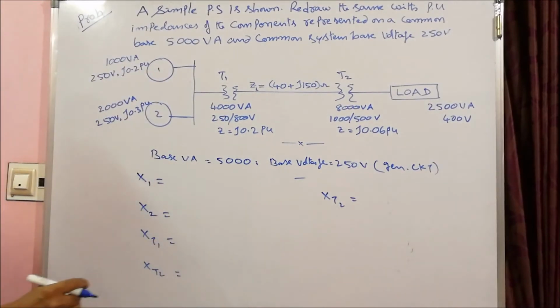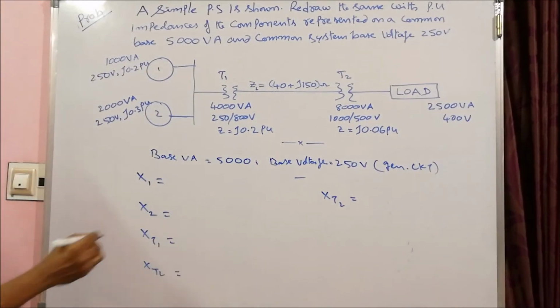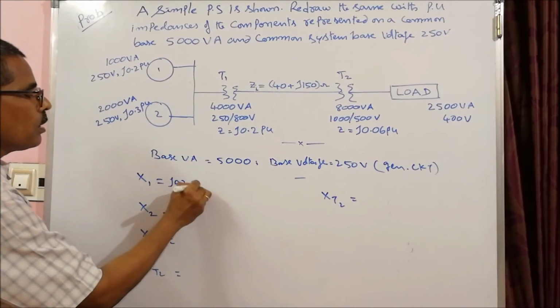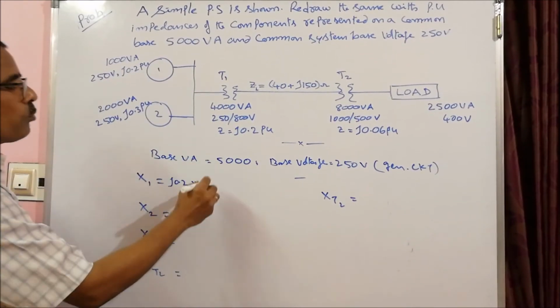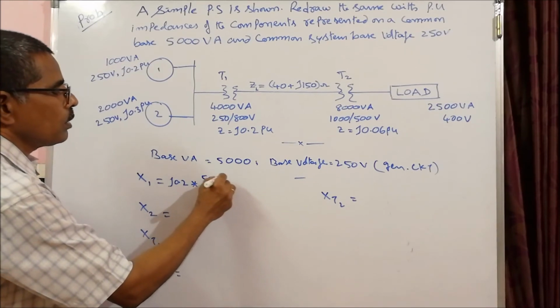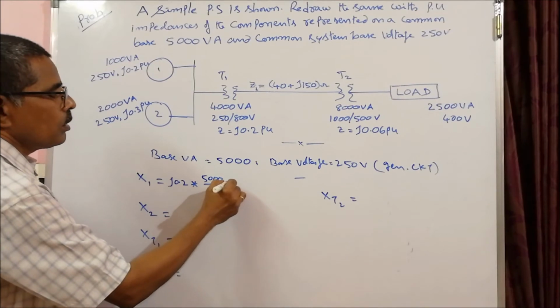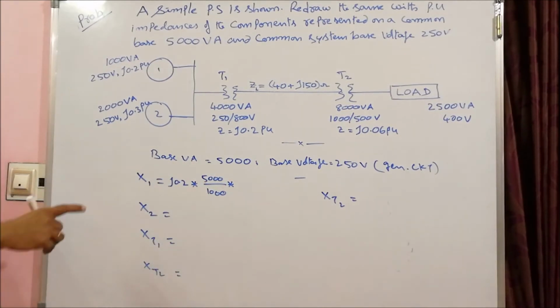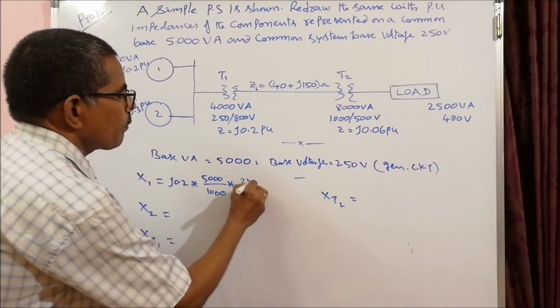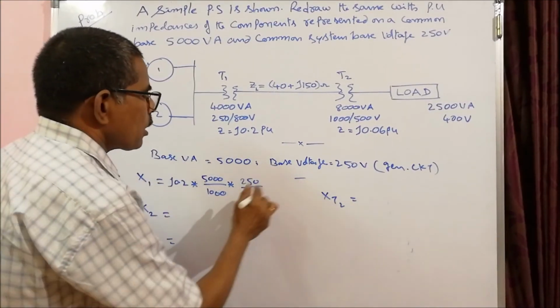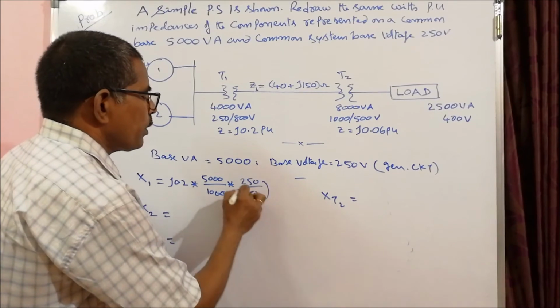So X1 is J0.2, that is this, times new volt amperes by old volt amperes, 5000 divided by 1000, times old voltage by new voltage, 250, and the new voltage is also the same, 250 squared.